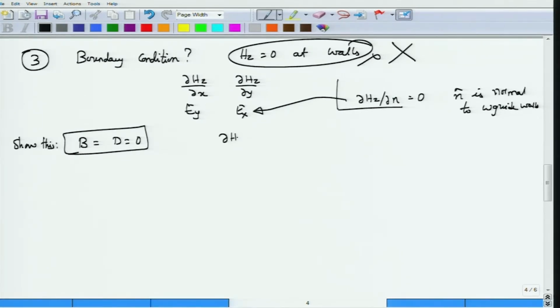You take del Hz by del x, you take del Hz by del y, and once you have found these, you need to apply the boundary conditions at x equal to 0, x equal to a, y equal to 0 and y equal to b. When you apply the boundary conditions at x equal to 0 and y equal to 0, you will find that the b and d terms go to 0.